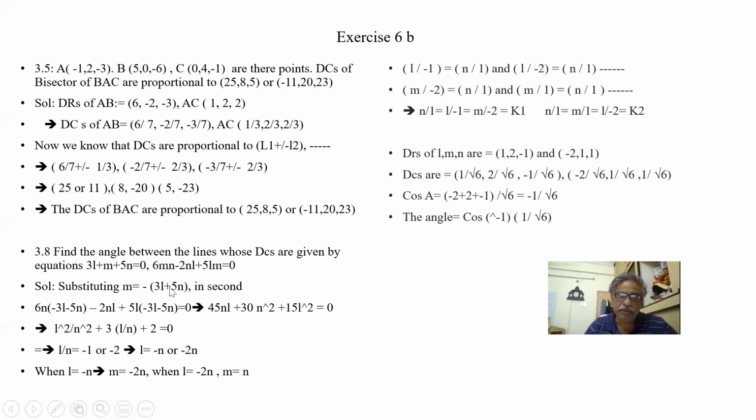What have we found out here? From this equation, we found the DCs of both the lines. Some relation L1 by M1 we found, and we solved. Why did we get two equations? Because MN is here, LM is here, NL is here. So we got two line equations.